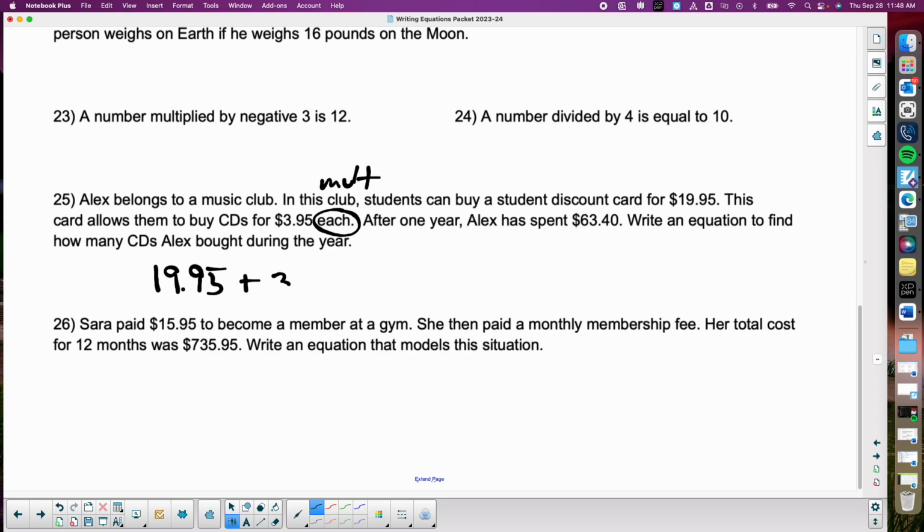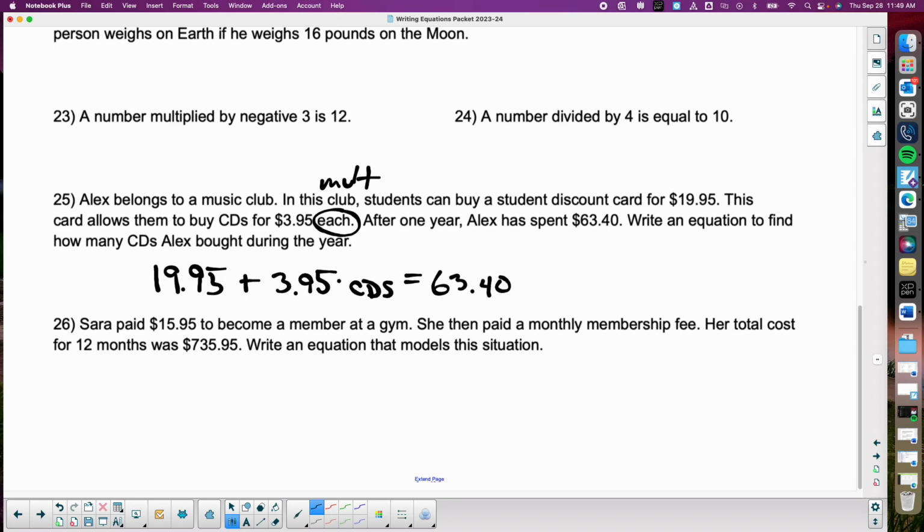So we're gonna have $3.95 times however many CDs Alex bought. And the total that they spent was $63.40. So this one is definitely set up slightly different than the previous ones because it's got two parts to it.